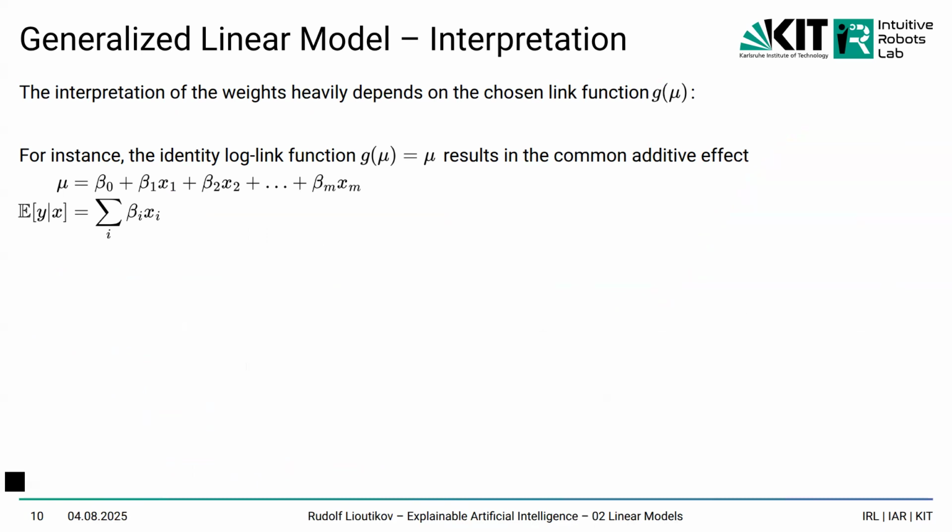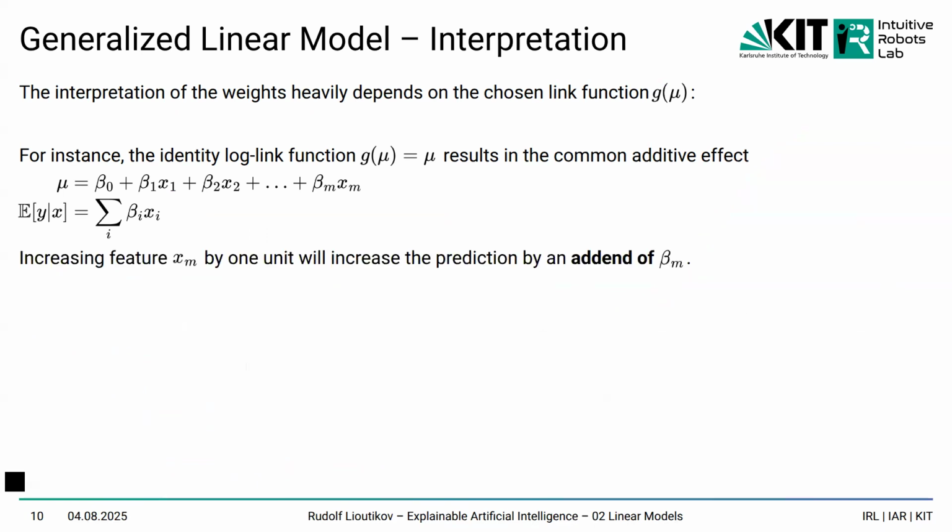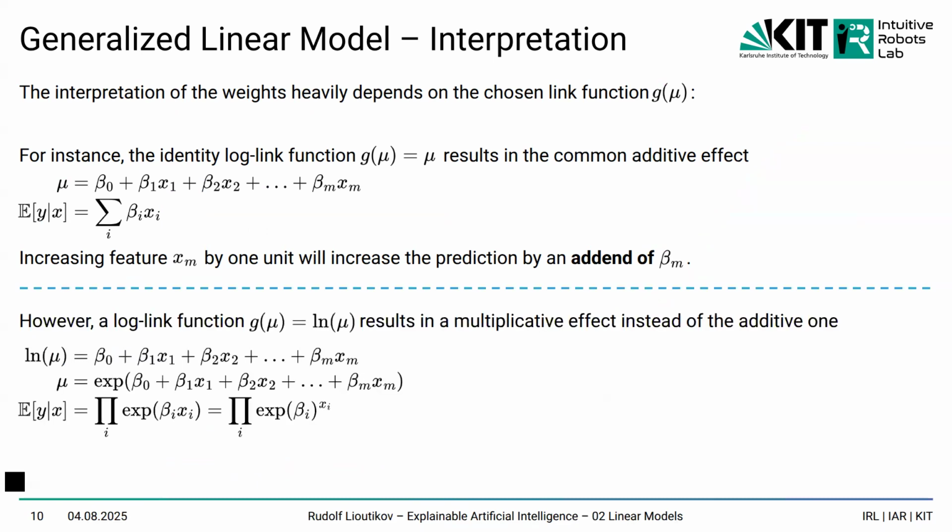For instance, in the very boring linear regression case, increasing x_m by 1 unit will increase the prediction by whatever our parameter is. So it's a direct understanding that the weight tells me how important that feature is. Changing this by 1 unit affects my overall prediction by beta_m.